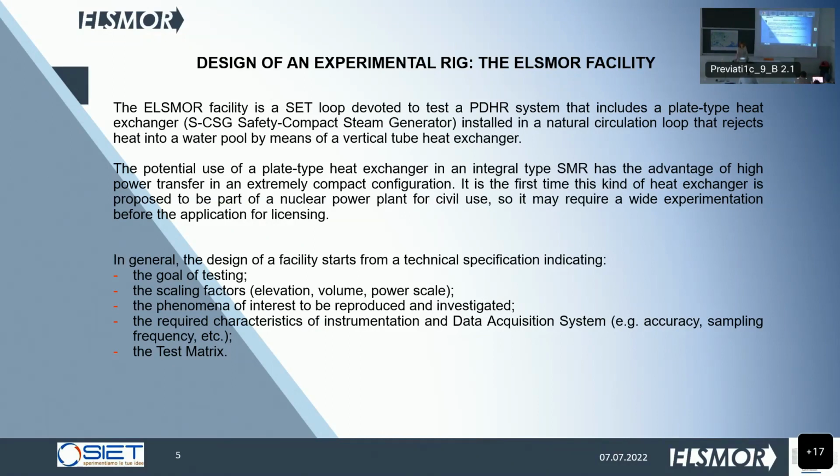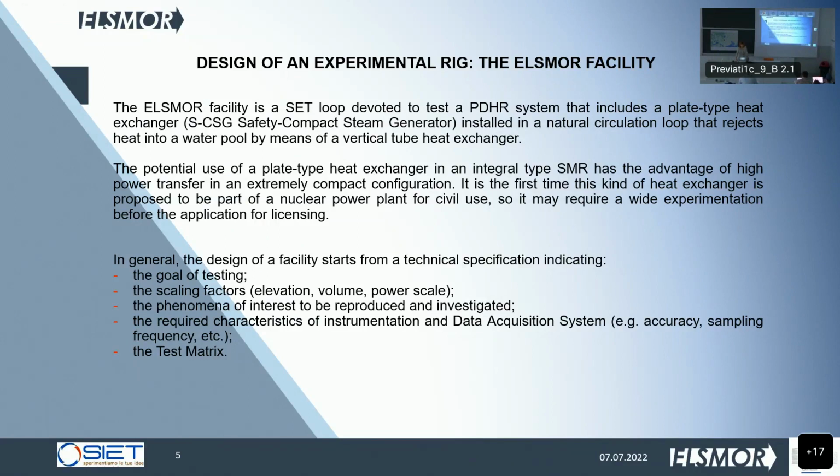An indication of the scaling factors, because it is very important to have adequate scaling factors to reproduce the specific or particular phenomena we are going to investigate. In particular, we speak about elevation scale, volume, and power scale.